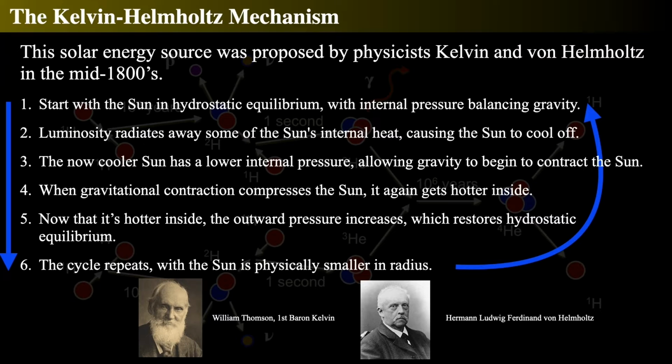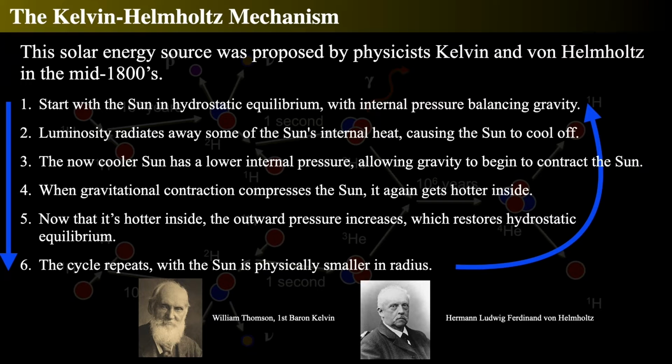The light from the sun is luminosity, and that's radiated away, and it takes away some of the sun's internal heat, which means it gets cooler inside the sun. And since it gets cooler, that allows it to compress, because if you take a hot gas and cool it, it compresses. So now it's got a lower internal pressure, which allows it to compress, which means the sun itself contracts and gets smaller physically.